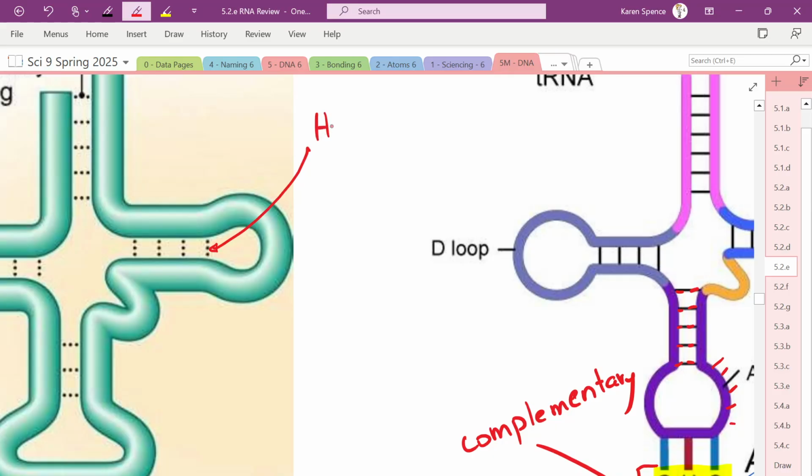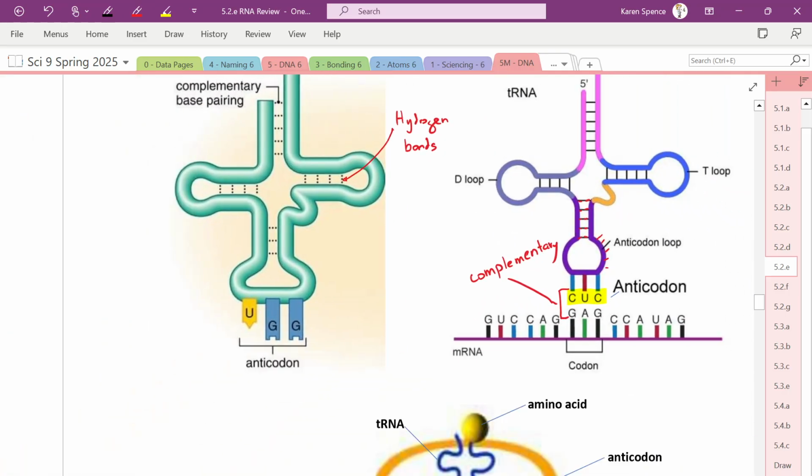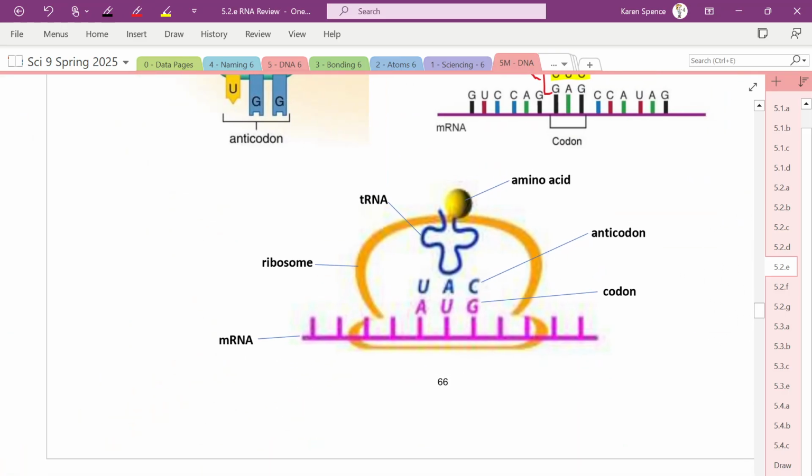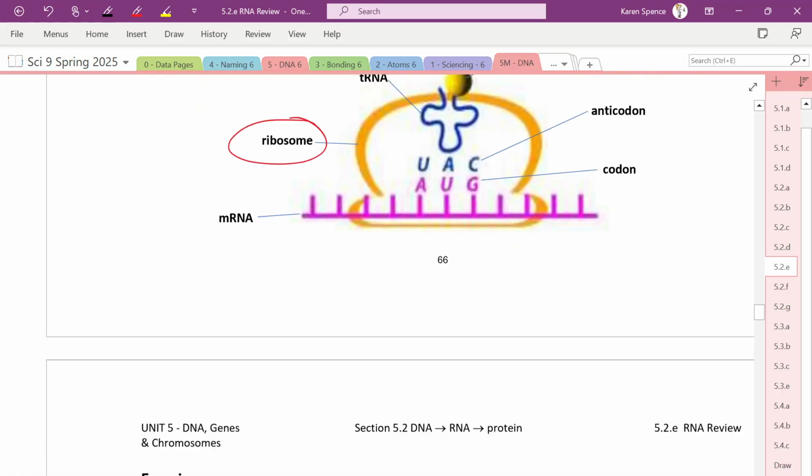Those are hydrogen bonds. Cool. Is there anything else on here that you really need to know? This just shows the whole thing with the ribosome, the mRNA, the tRNA coming and bringing in the amino acid, the codon, and the anticodon.